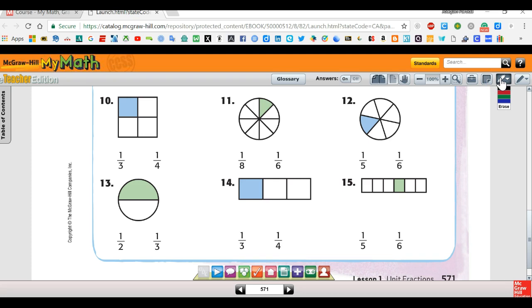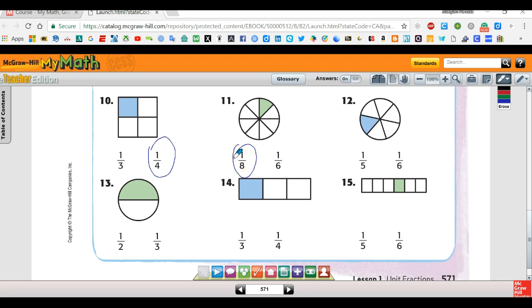The one that's shaded in, is that 1/3 or 1/4? 1/4, because actually there's 4 altogether, right? With one shaded in. Okay, 11. Is that 1/6 or 1/8? 1/8, because there's one shaded in out of 8. Okay.